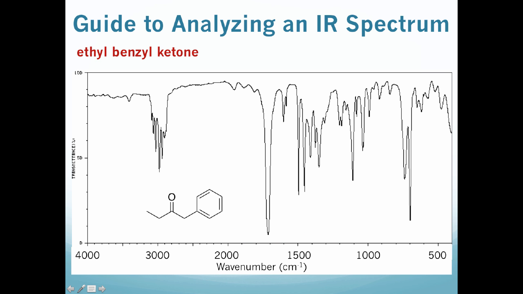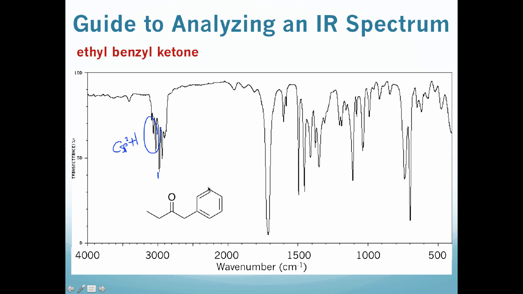Next, we're going to look at the IR of ethyl benzyl ketone. And there's a number of things we can pull out of this spectrum. First, we'll do our basic cutoff here at 3000 wave numbers. To the left of 3000 wave numbers, these signals are our carbon sp2 hydrogen bonds.